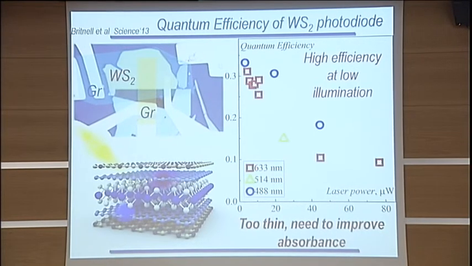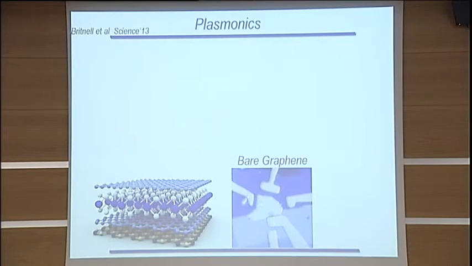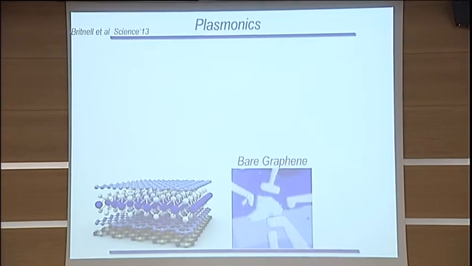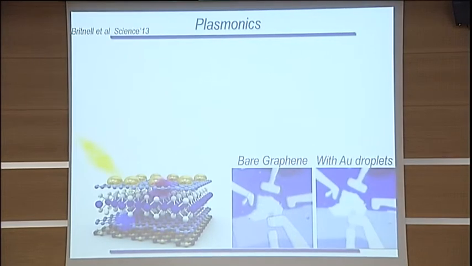One way is to make it thicker, which is not really practical because you spread this built-in electric field along longer distances. But another one is really to benefit from the plasmonic story and put some plasmonic structure, and the simplest one is simply droplets of gold on the surface, which absorb the light and create the evanescent field exactly where we need it in the area of transition metal dichalcogenides, and then you can absorb much more light, and the efficiency increases dramatically.